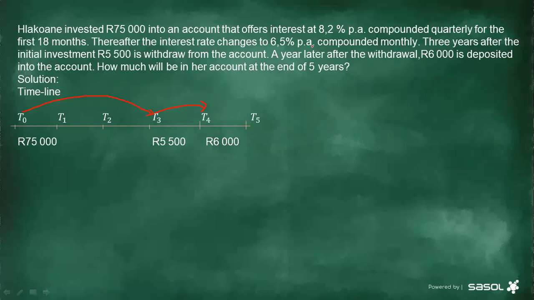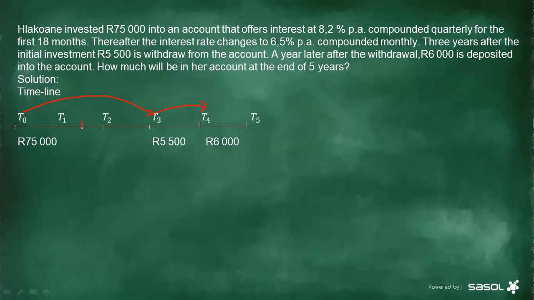All right, and then let's go to the interest rate. It says 8.2% per annum compounded quarterly for the first 18 months. Since we are working in terms of years, we have to convert these 18 months to years by saying 18 divided by 12. That gives us 1.5, meaning 1 year and 6 months.